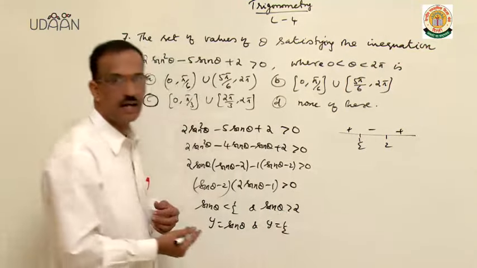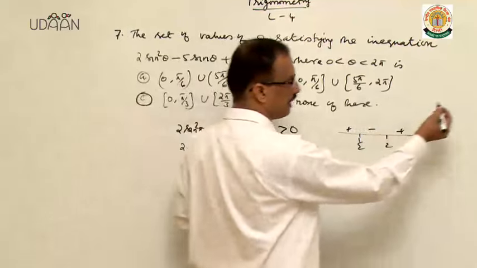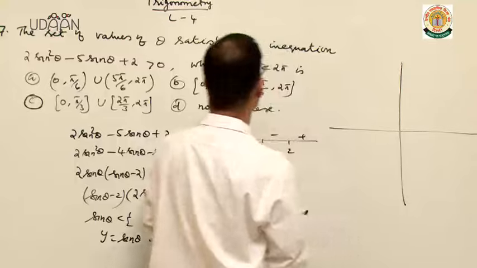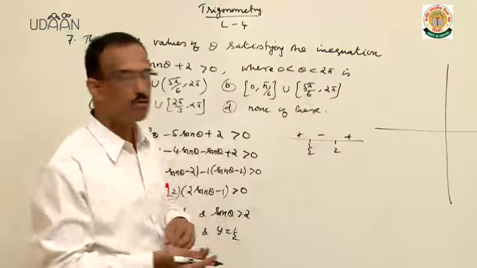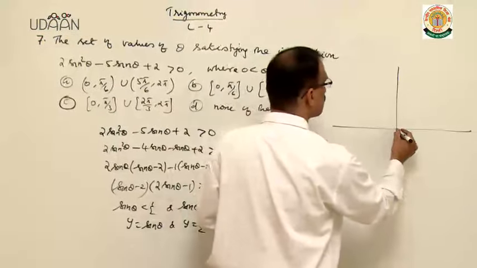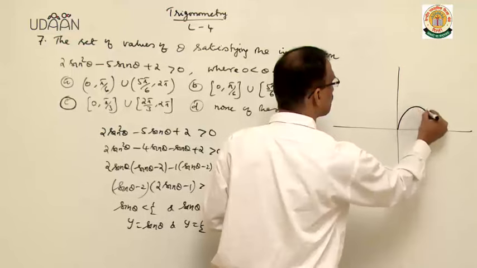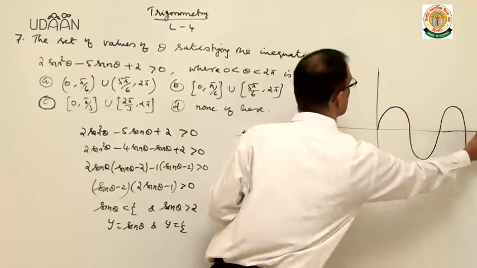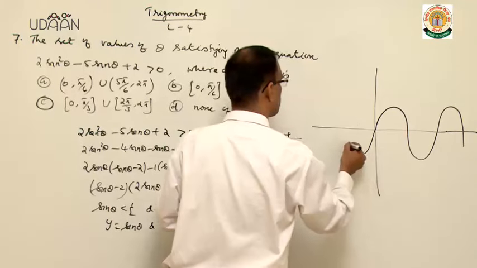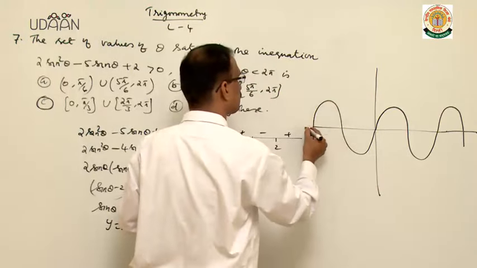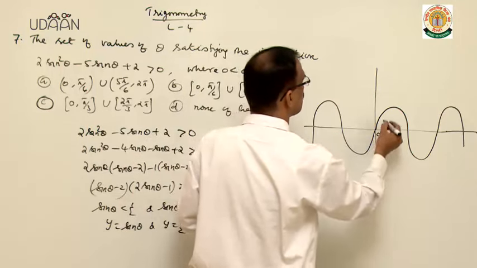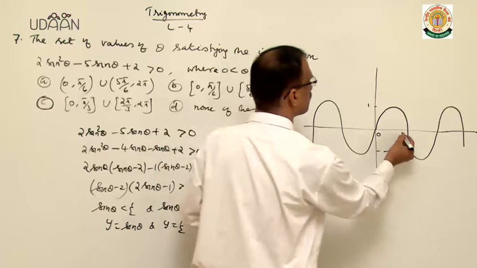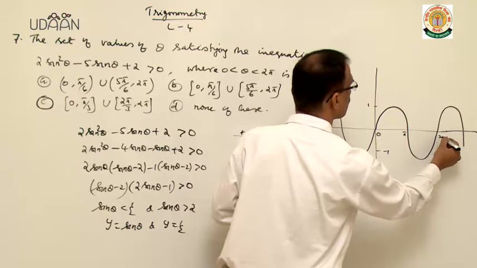Consider two curves, y equal to sin theta and y equal to half. Now draw the graph of these in the interval 0 to 2 pi. In the interval 0 to 2 pi, we can draw the curve of sin x, with values 0, 1, minus 1, then pi, then 2 pi.